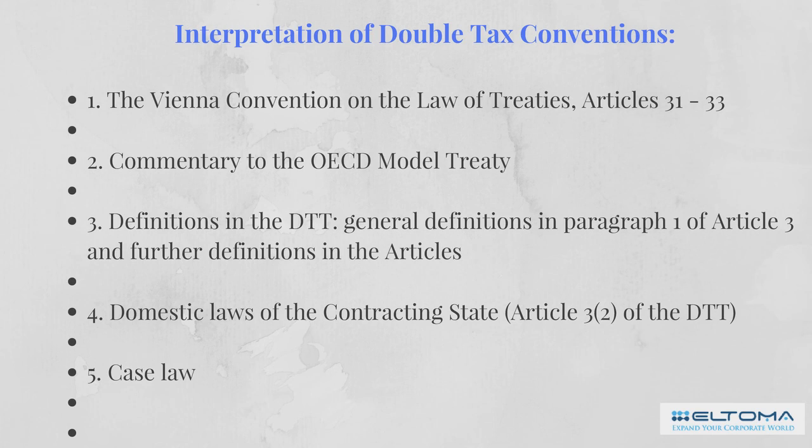A reservation indicates that a particular country does not intend to adopt the particular provision in its tax treaties. Observations usually indicate that a particular country's interpretation of a provision differs from that of the majority of the OECD members. These mechanisms, such as reservations and observations, are required because the model treaty may only be amended with the unanimous consent of all OECD members.